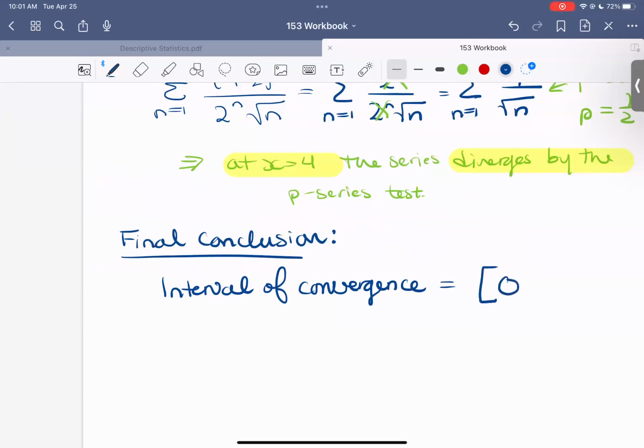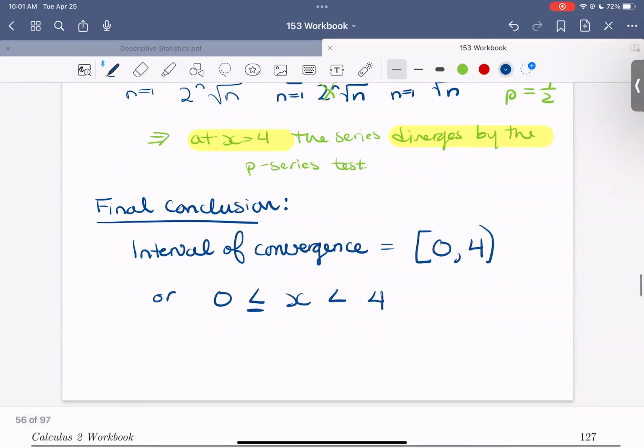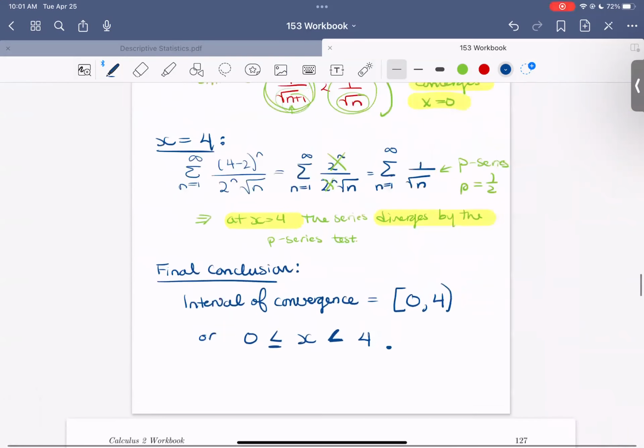We're going to include 0. We're going to go up to 4, but not include it. We want to write it using inequalities. We'd say that, well, x needs to be between 0 and 4, but it can be equal to 0, but has to be strictly less than 4. Awesome. So there we go. We found our interval of convergence.